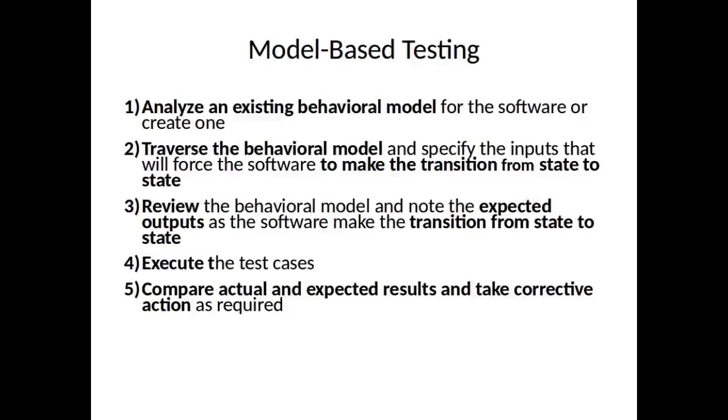Tests can be executed manually or a test script can be created and executed using a testing tool. And finally, the fifth step is compare actual and expected results and take corrective action as required. MBT helps to uncover errors in software behavior, and as a consequence, it is extremely useful when testing event-driven applications.